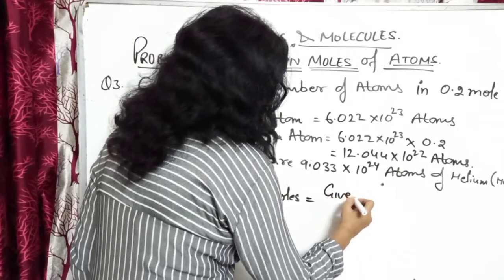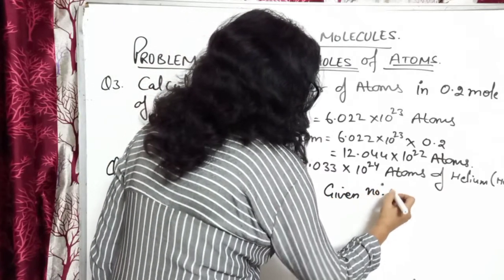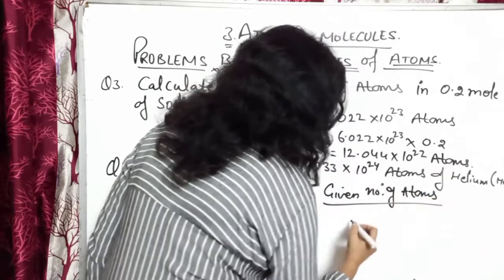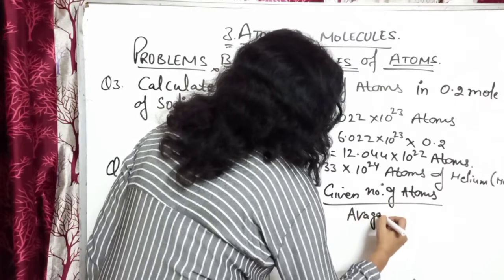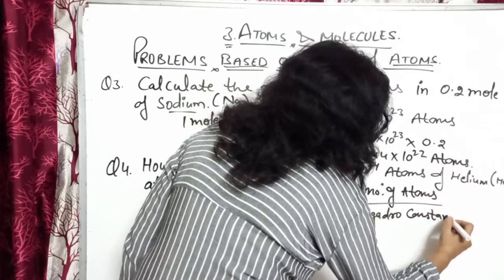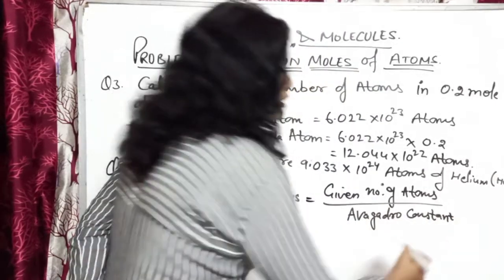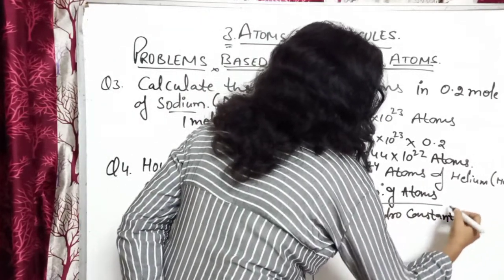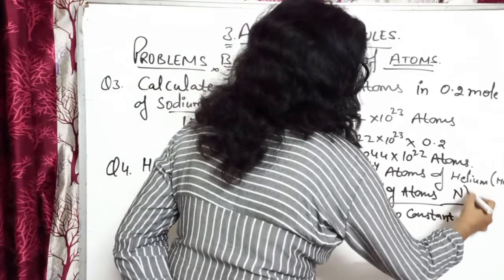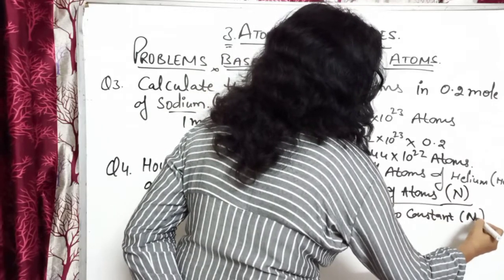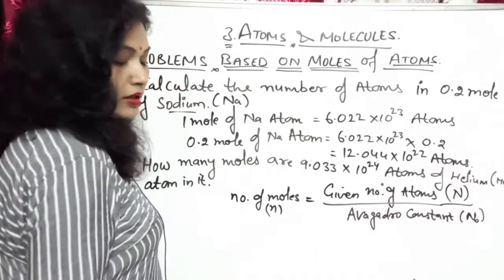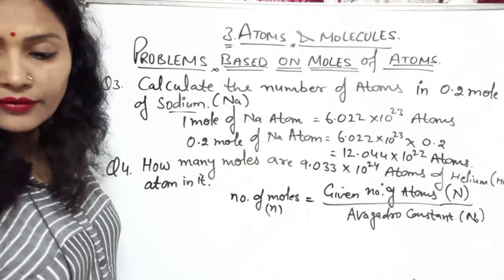Given number of atoms upon Avogadro number or Avogadro constant. The Avogadro number is denoted by capital N 0, the given number of atoms is denoted by capital N, and the number of moles by small n.